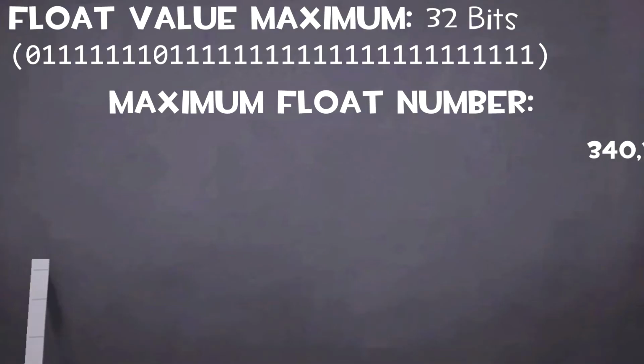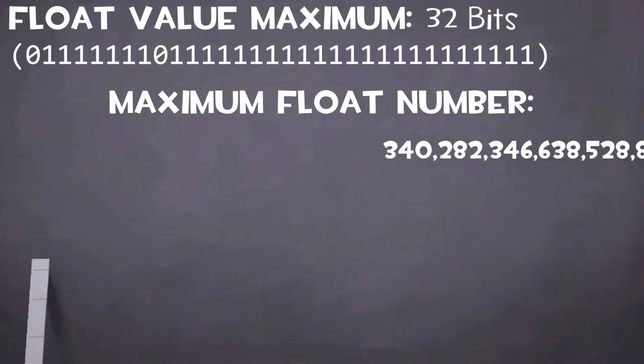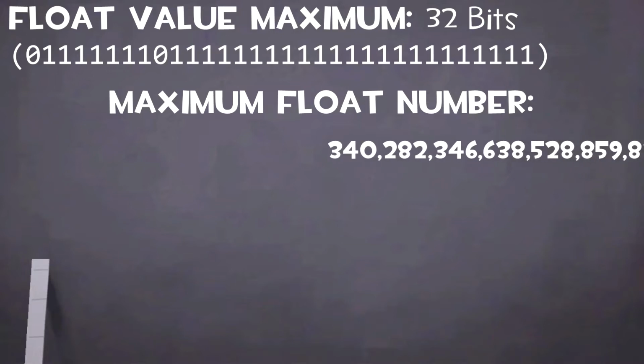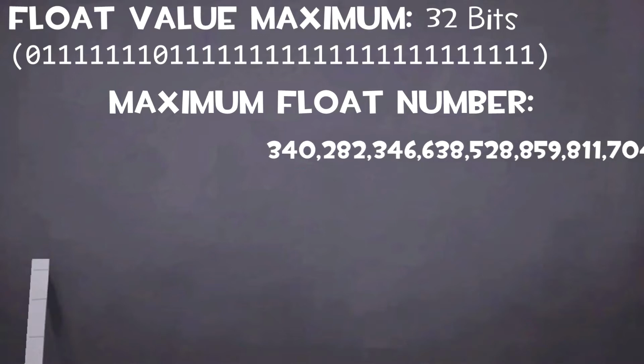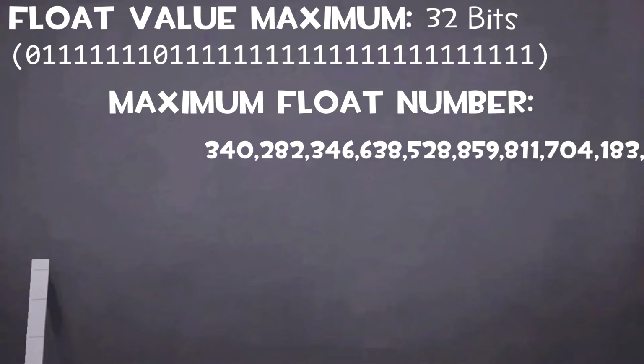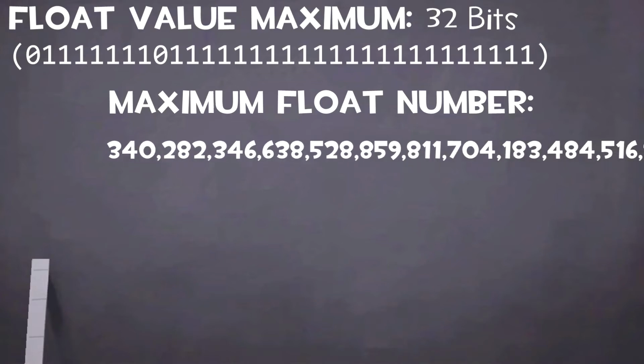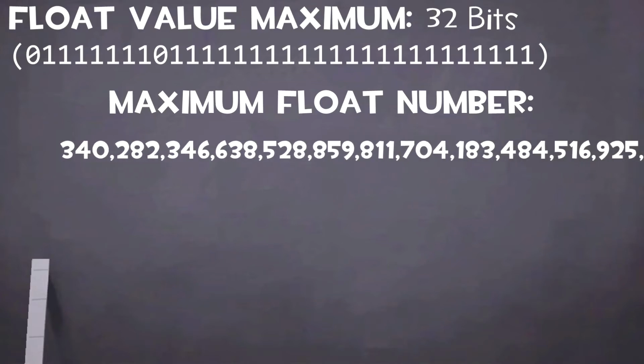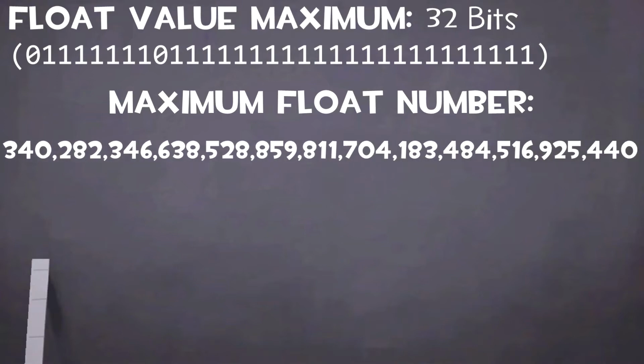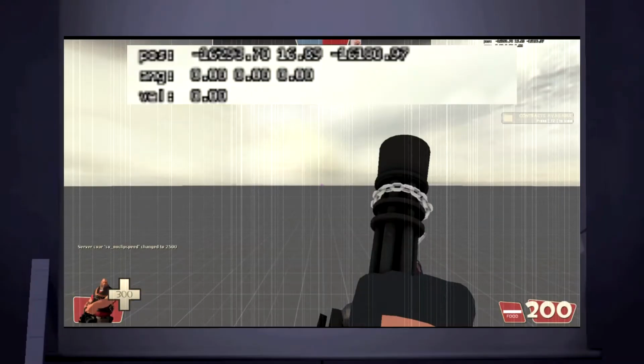Right. 340 undecillion, 282 decillion, 346 nonillion, 638 octillion, 528 septillion, 859 sextillion, 811 quintillion, 704 quadrillion, 183 trillion, 484 billion, 516,925,440.